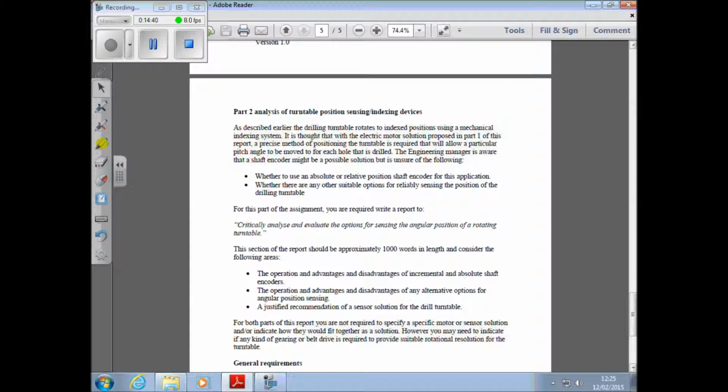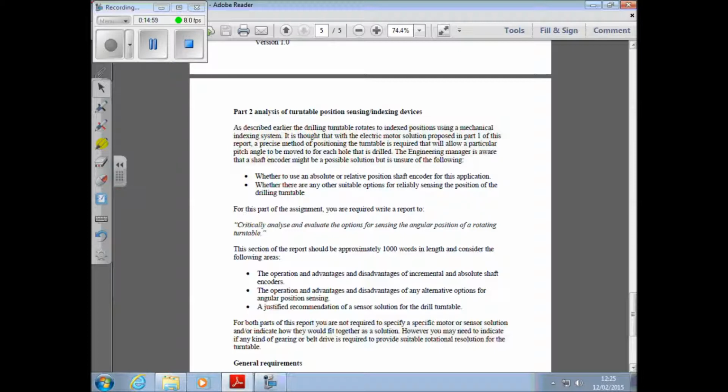So what I'm saying there is you're not required to say how it would fit together, be mounted, or anything like that. You're not required to say how it would fit in the envelope of that machine. You've got no dimension details anyway.